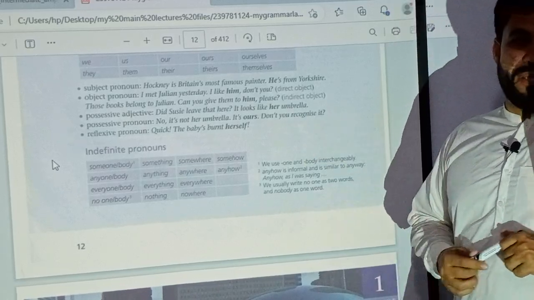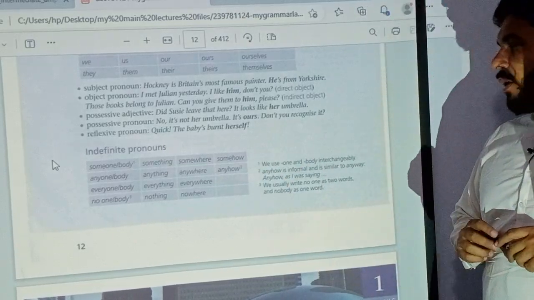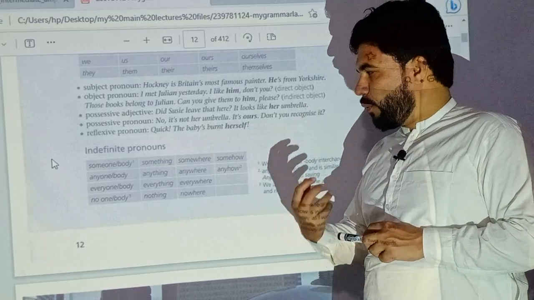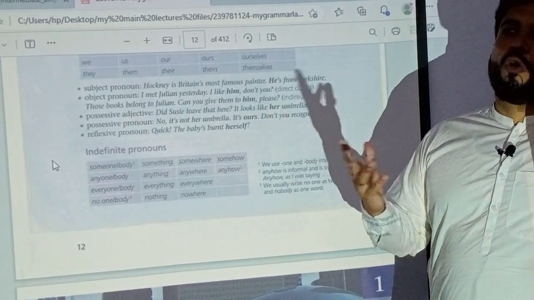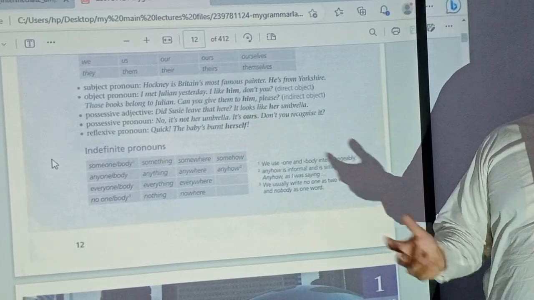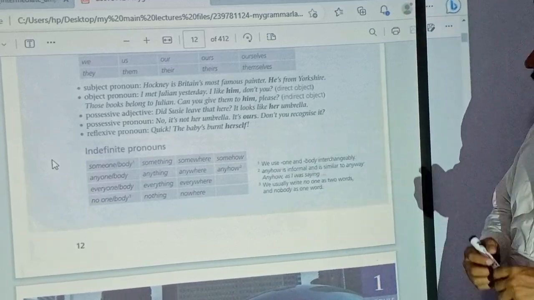Someone or somebody. Something, somewhere, somehow, anyone, anybody, anything, anywhere, anyhow, everyone or everybody, everything, everywhere, no one, nobody, nothing and nowhere. Now, they can refer to anything or anyone or everything or everyone.